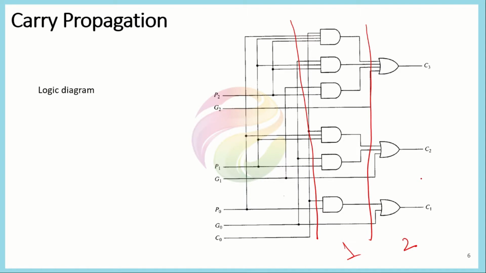So we are no longer dependent upon the C1, C2 and C3 terms separately. Using just a two-level extra gate delay, we can calculate the C1, C2 and C3 terms in advance. That would really help us generate the overall system response much faster.